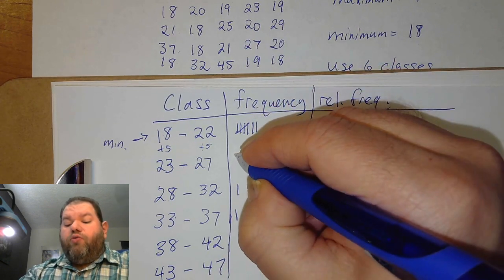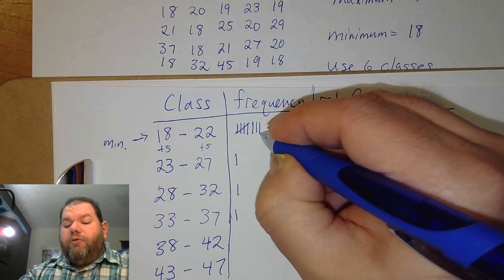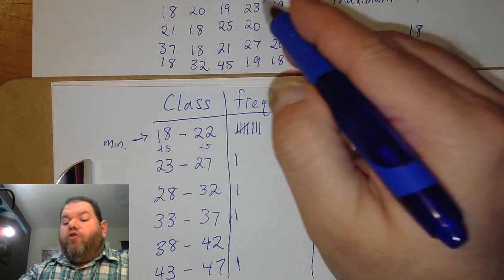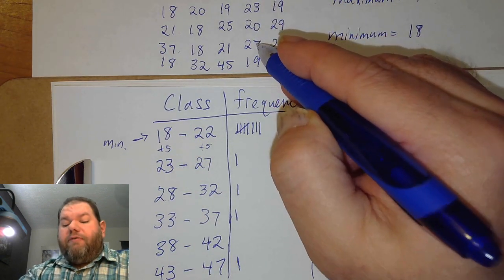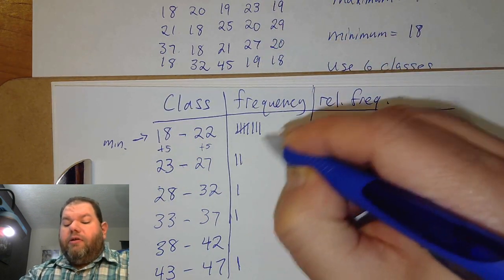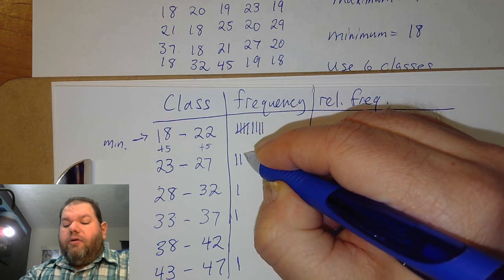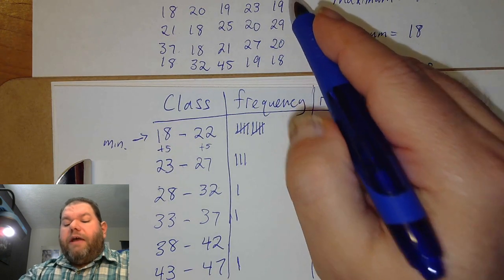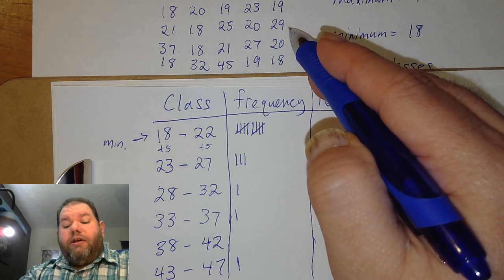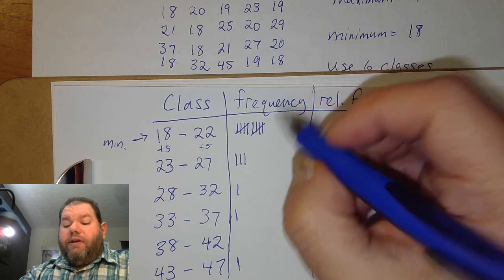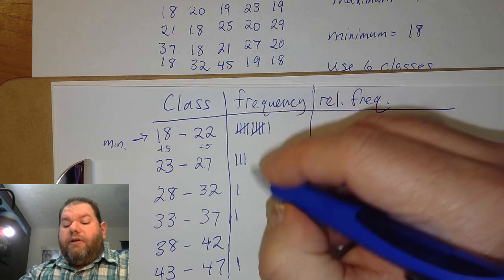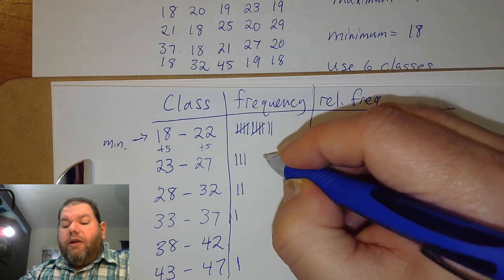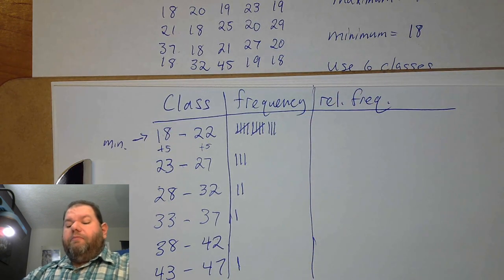Then 23, 20, 27, 19. Okay. Last column: 19, 29, 20, and 18.